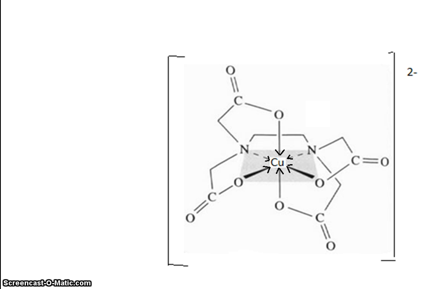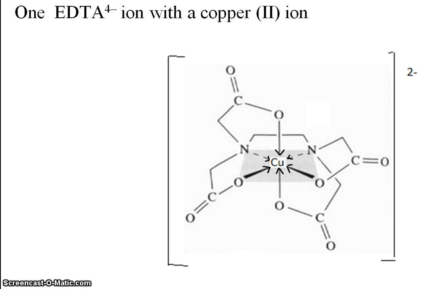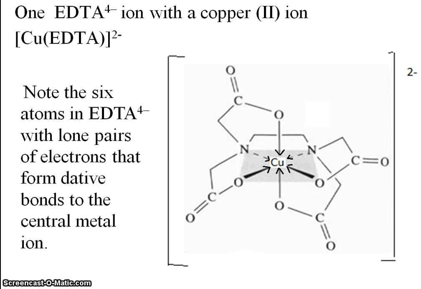You can see those 6 dative covalent bonds. There's one EDTA ligand wrapped around a single copper 2+ ion, all charges outside the bracket. You wouldn't be expected to draw this structure, just the formula. Make sure you know which of the 6 atoms involved are forming the bonds, so lone pairs on those 4 oxygens and those 2 nitrogens.